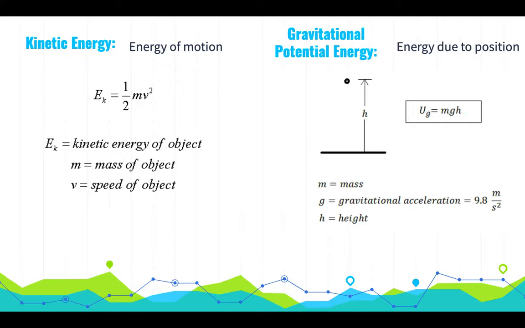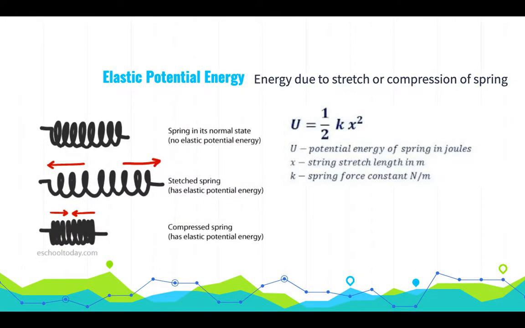Okay, the third type of mechanical energy, which we talked about in our Hooke's law and simple harmonic motion unit, is the elastic potential energy, which is the energy due to the stretch or compression of a spring. If a spring is in its normal state, meaning that it's not stretched or compressed at all, it has no elastic potential energy.